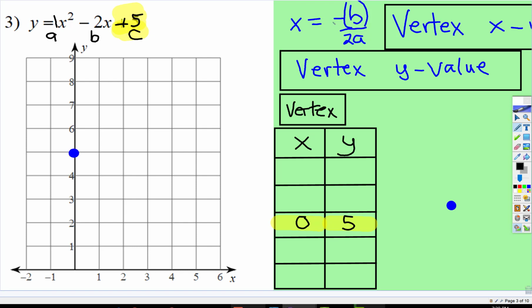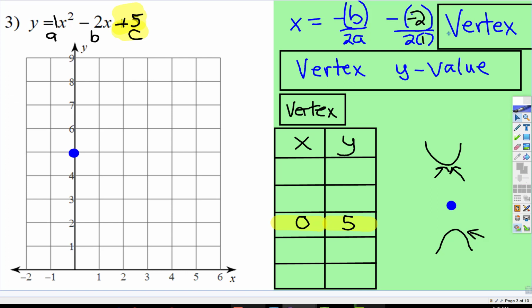The vertex is, in this case, a minimum point. Take the opposite of b, in this case the opposite of -2, divided by 2 times a. In this case, a is 1, so 2 times 1.